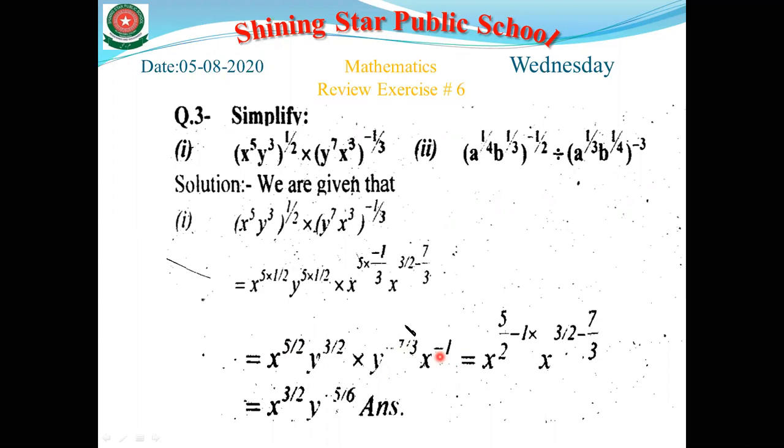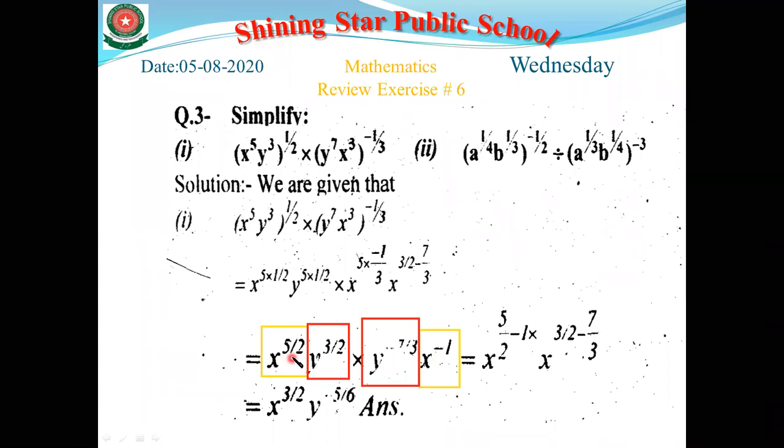Now we know that in our previous lectures we discussed that if we multiply two numbers and they have the same base, means x multiply x, and y multiply y, they both have the same base, then their powers will be added. So the power is 5 over 2 and here the power is minus 1.